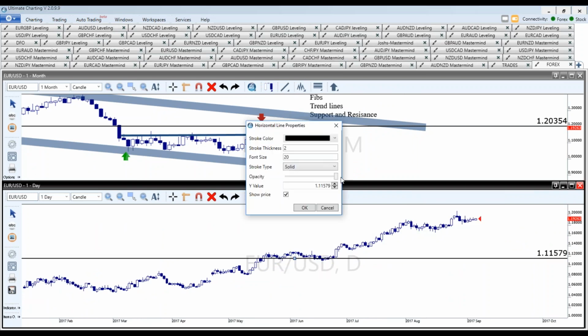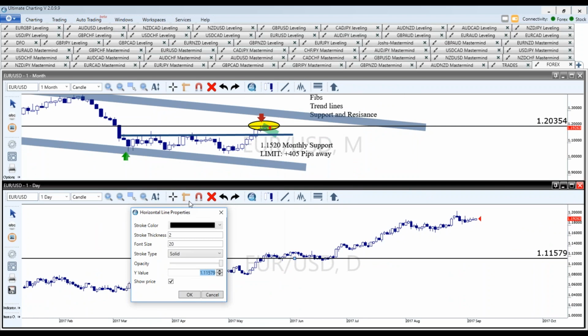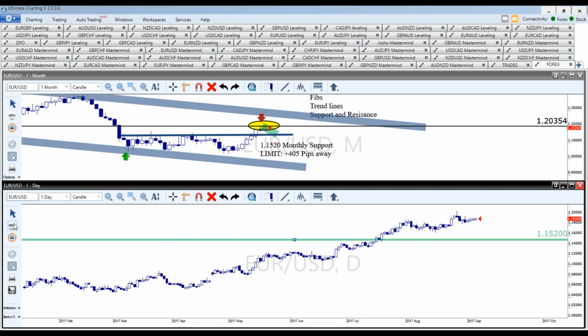Now, we're going to notate and mark 1.1520. 1.1520 will be monthly support, make that our limit, 405 pips away.